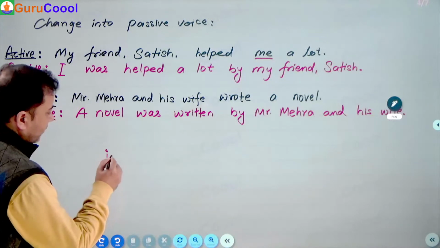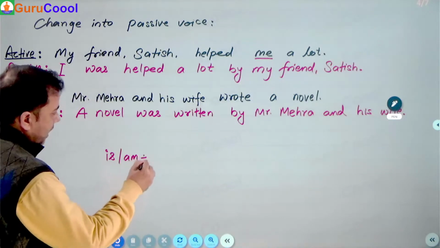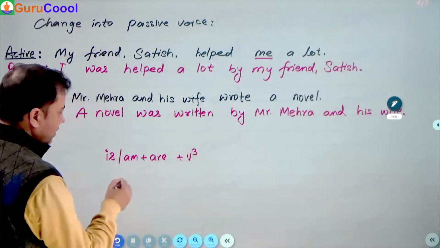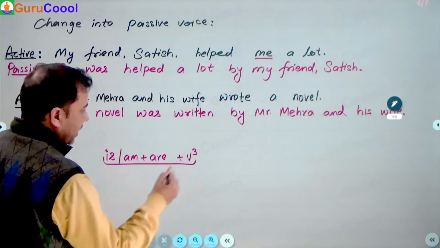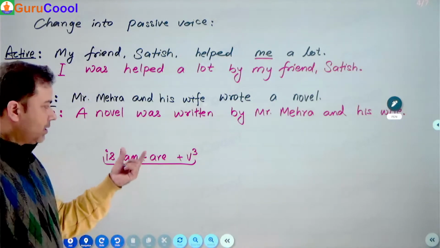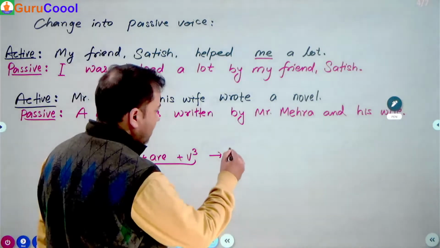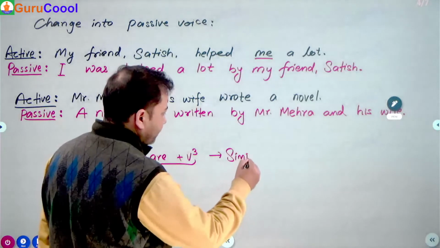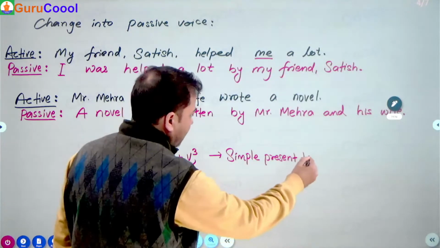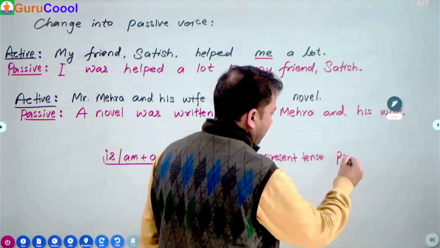Is, am, are followed by V3 is an identification that it is passive voice. Is, am, are plus V3, it is simple present tense passive voice.